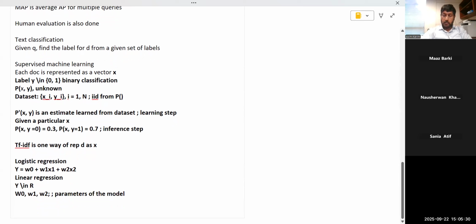So this is where the sigmoid function comes in, which is a very fundamental function in neural networks as well as in logistic regression, in classification, in probability theory. So this function is an S-shaped function.